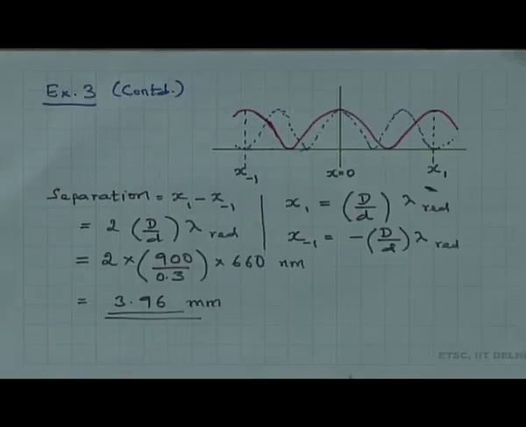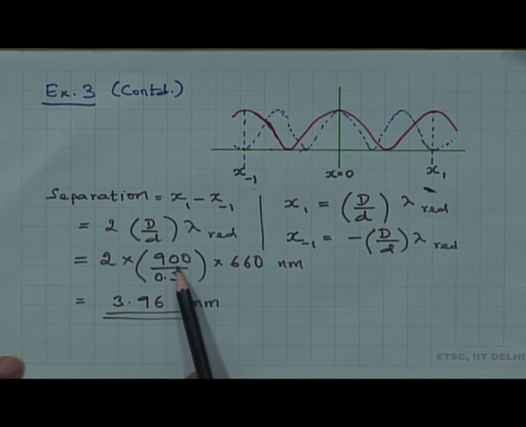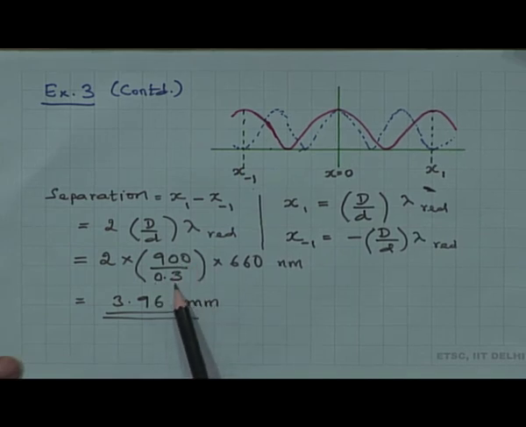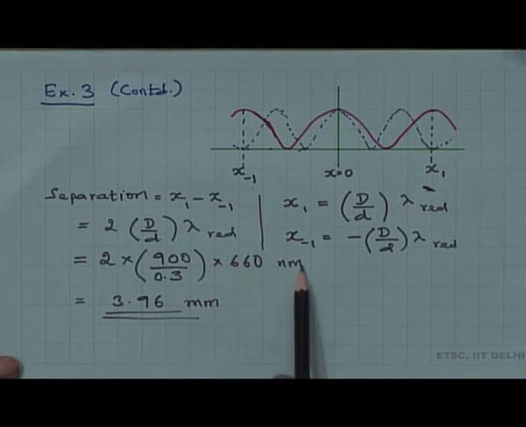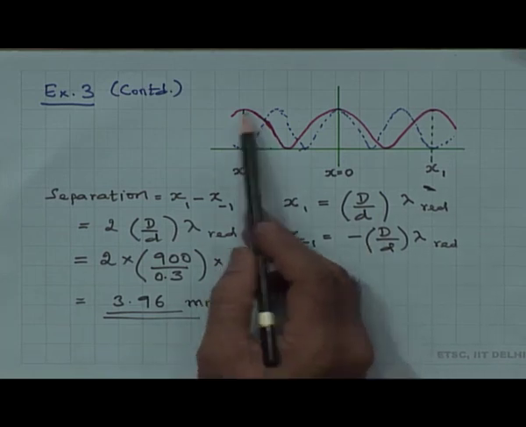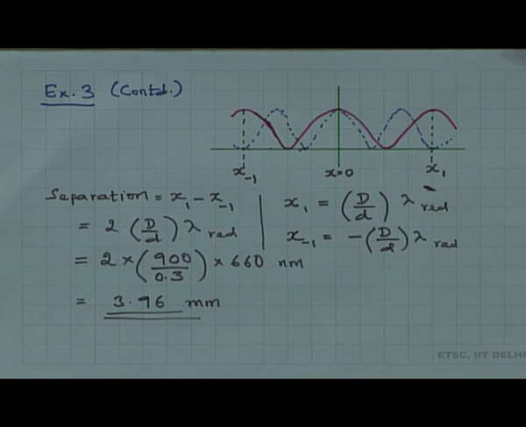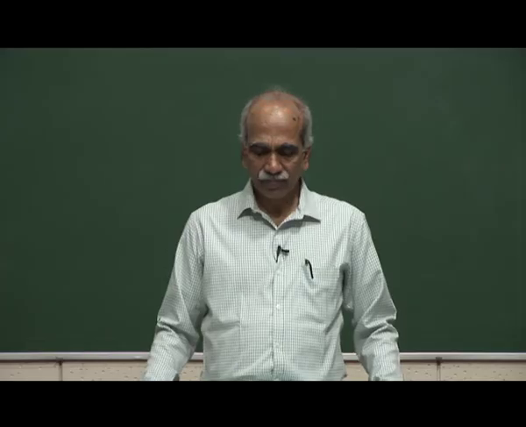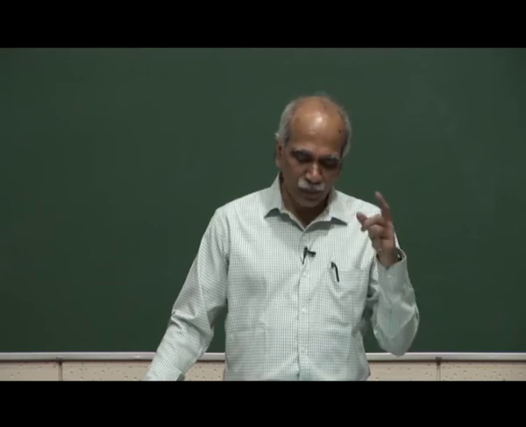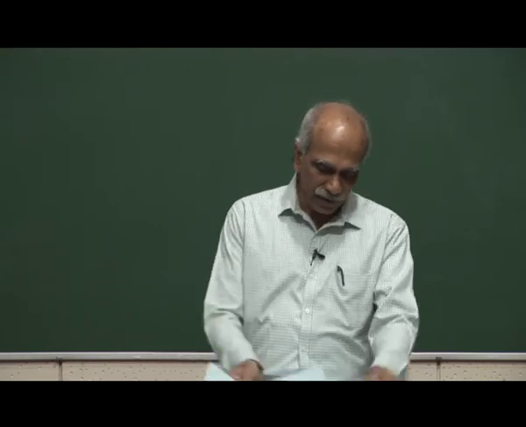So, here we are: 2 into 90 centimeters, converted into 900 millimeters, divided by 0.3 millimeters, times 660 nanometers. So, we get 3.96 millimeters. The separation between the two bright red fringes is 3.96 millimeters. Let us take one more example with a different concept.